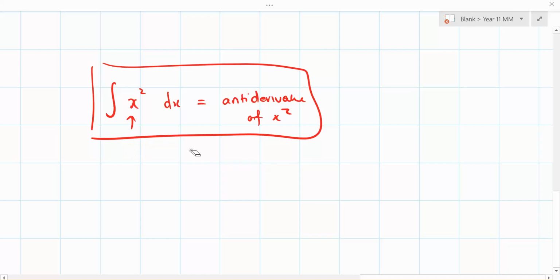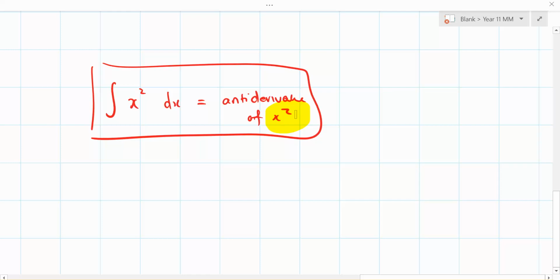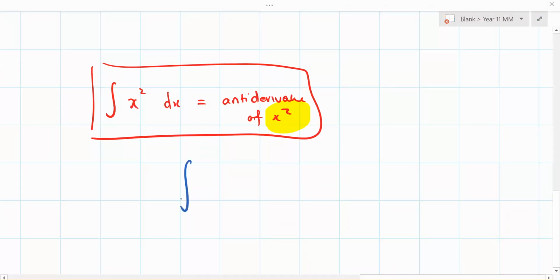At the moment in year 11, all you need to know is how to find the antiderivative of a power function, and this is the rule I gave to you in class. So the antiderivative of any power function, let's say a, which is the constant, multiplied to x to the power of n dx. That's my function there.